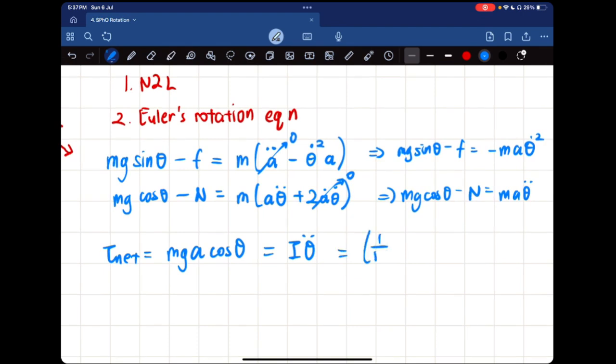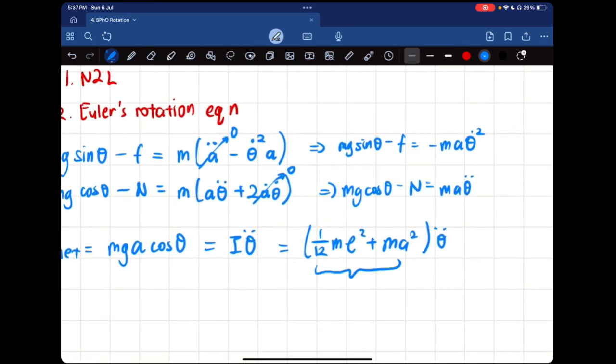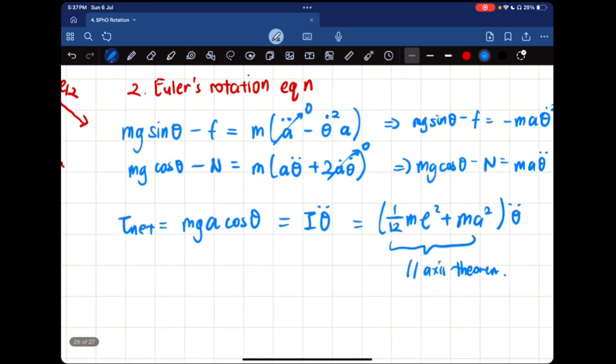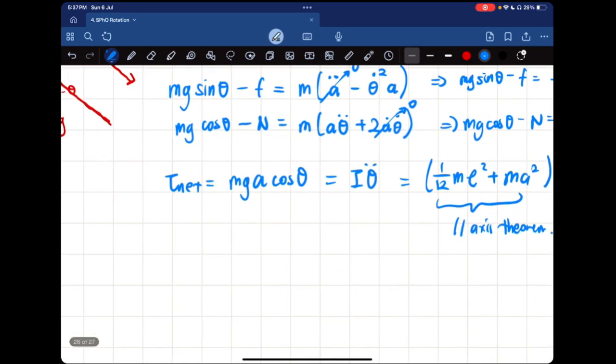This will be (1/12 m L squared plus m a squared) theta double dot, using the parallel axis theorem. And now that we have this, this implies that theta double dot equals m g a over (1/12 L squared plus a squared) times cosine theta.